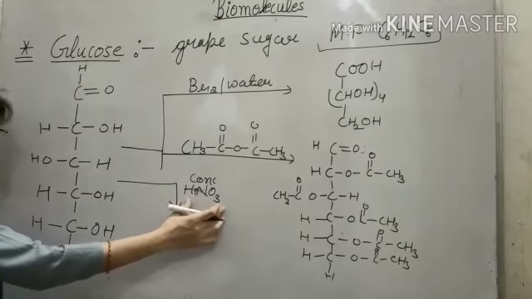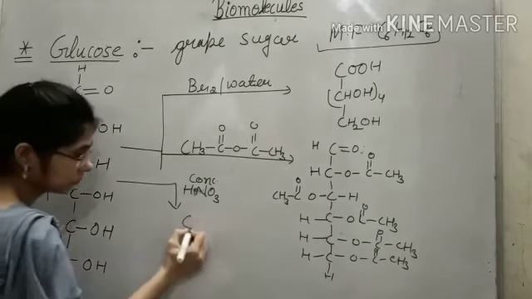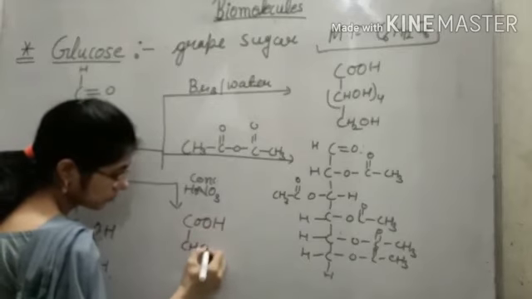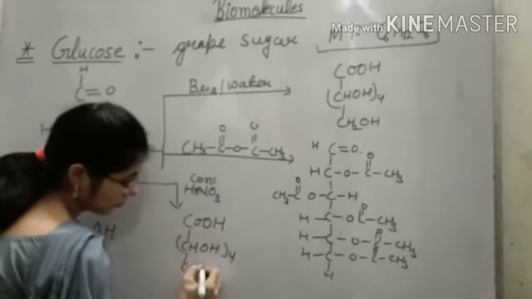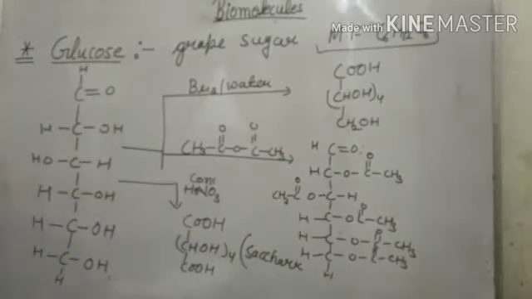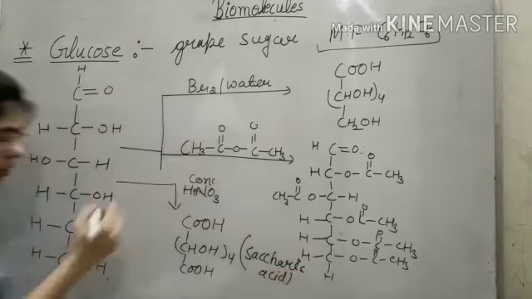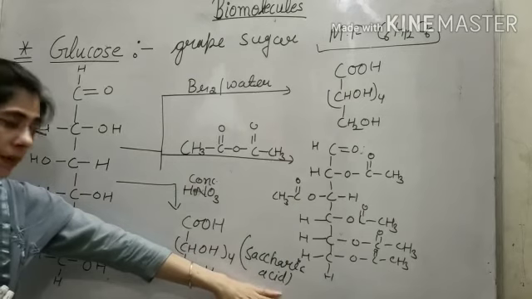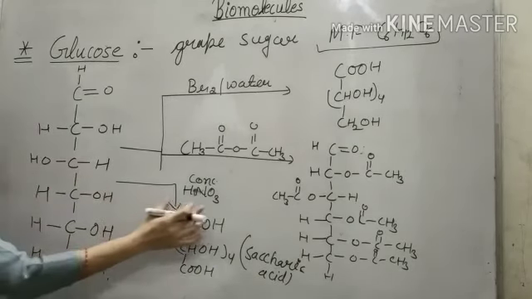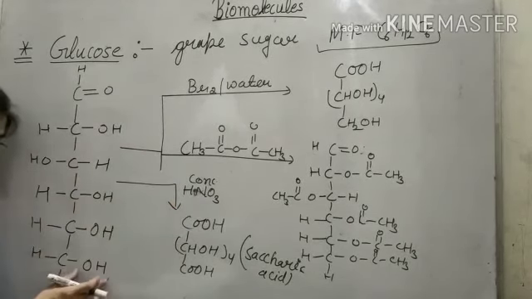So when concentrated nitric acid reacts with glucose, saccharic acid is formed, and this reaction proves that it contains one primary hydroxyl group. Okay?